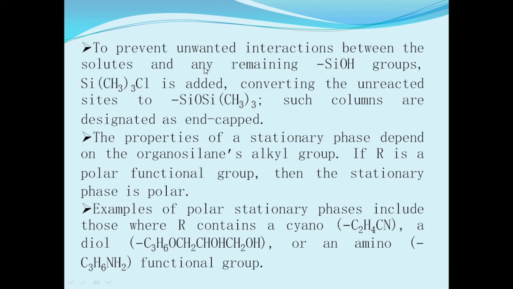To prevent unwanted interactions between the solutes and any remaining SiOH groups, Si(CH3)3Cl is added, converting the unreacted sites to SiOSi(CH3)3. Such columns are designated as end-capped. The properties of a stationary phase depend on the organosilane's alkyl group. If R is a polar functional group, then the stationary phase is polar.